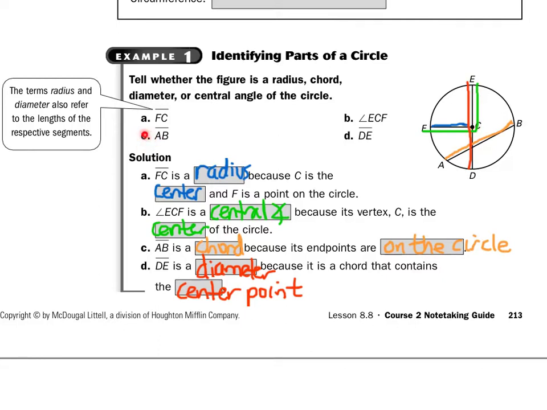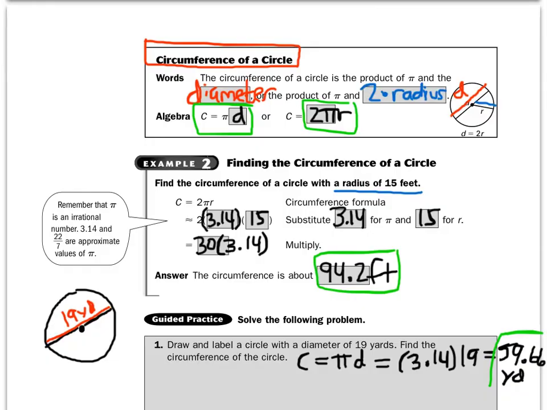And then for letter C, they want us to go from point A all the way across to point B. Well, it went across the circle, but it did not touch the center, so that's what we call a chord. And then D goes from point D all the way across to point E. Now notice how it went across the circle and through the center. So if it goes all the way across and through the center, it's a diameter.